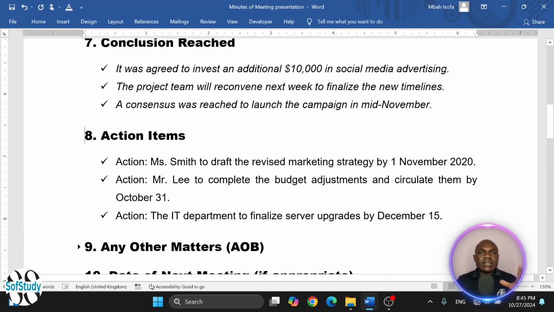I think this is all we could handle in minutes of meetings. And by the time you're preparing minutes of meetings, it is not like you are following the agenda item by item, where you pick an item, say what was discussed under the item, give the conclusions, recommendations, and maybe actions, and then go to the next item on the agenda.